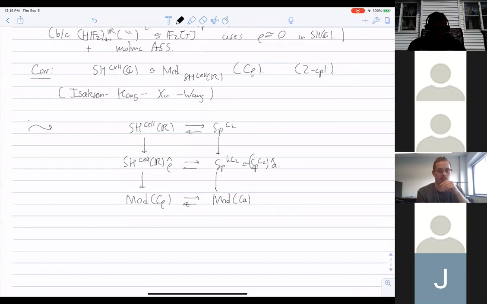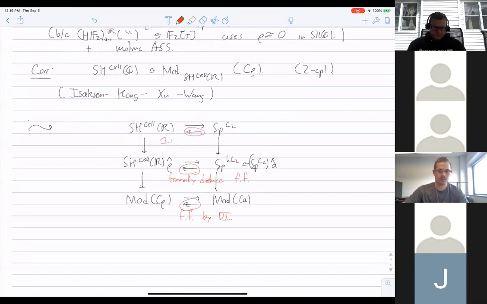The adjunction lifts, that's formal, and here, this is fully faithful by the result of Dugger–Isaksen from before. Formally, I deduce that this adjunction is fully faithful, and then combining the results on the Borel and geometric parts, you deduce full faithfulness, as in the statement of the main theorem.